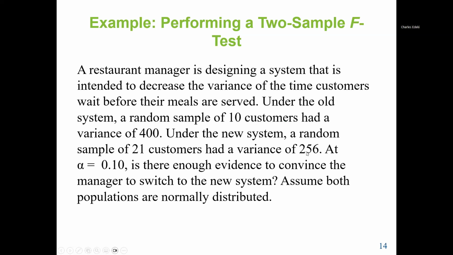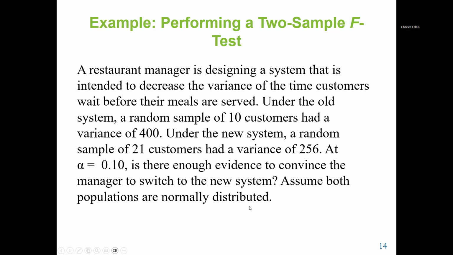Under the new system, a random sample of 21 customers had a variance of 256. At alpha equal to 0.10, is there enough evidence to convince the manager to switch to the new system, assuming both populations are normally distributed?